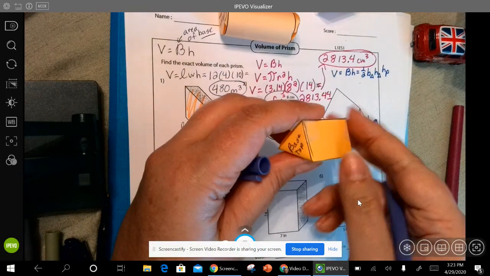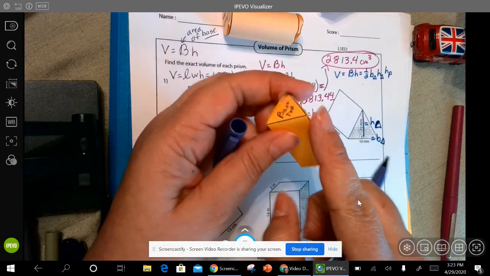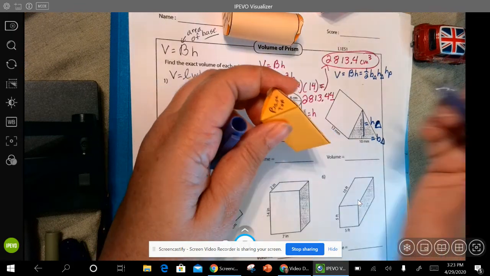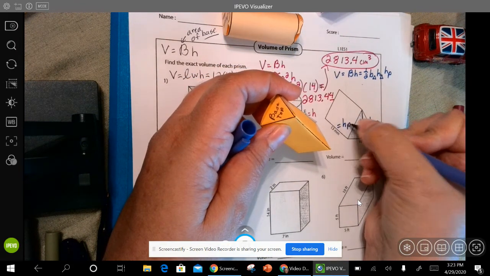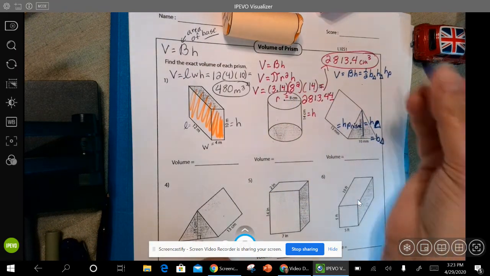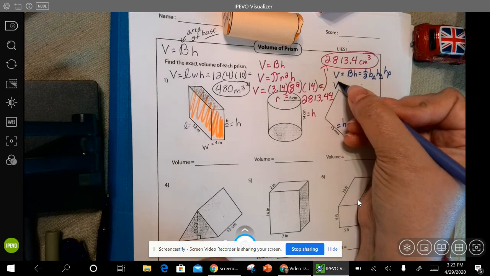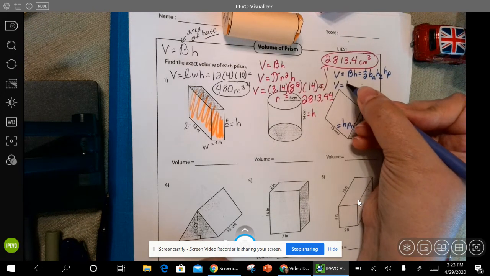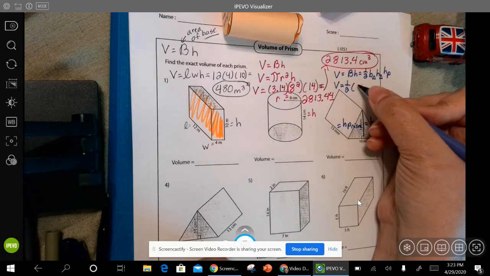And then this, so all we're doing is taking, this is the height of the triangular prism right there. So we're just going to multiply all those numbers together. We just have to remember that it's a half, because it's half of a rectangular prism.